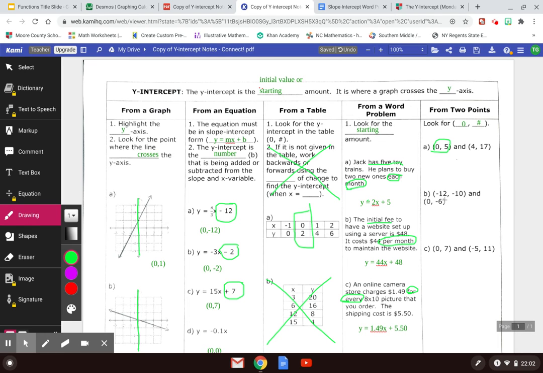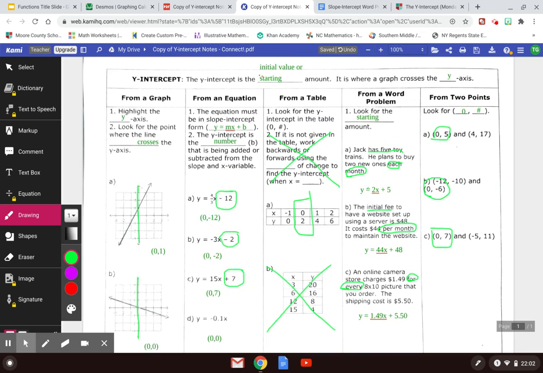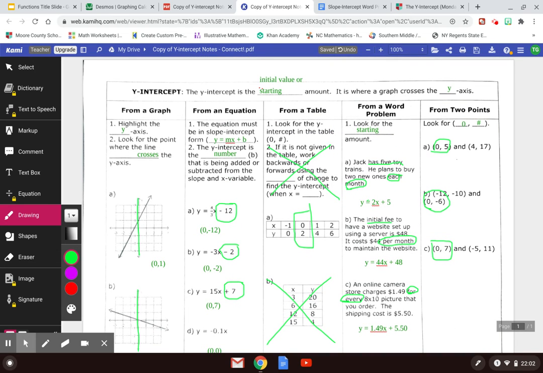In example B, I have 2 ordered pairs. 0, negative 6 is going to be the y-intercept. 0 and a number. In example C, I have 0, 7 and negative 5, 11. Same thing. 0 and a number. This is my y-intercept. So those are the different ways that the y-intercept, which is also the initial value or starting amount, can be modeled.